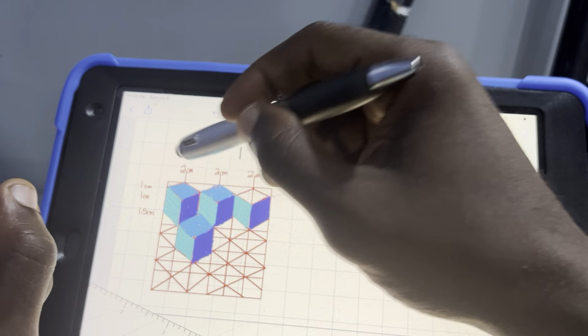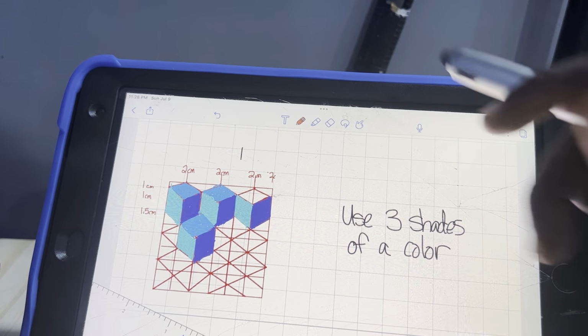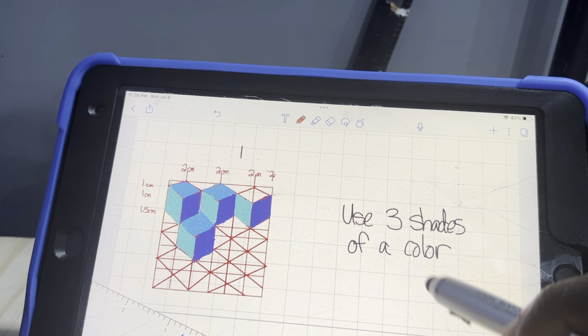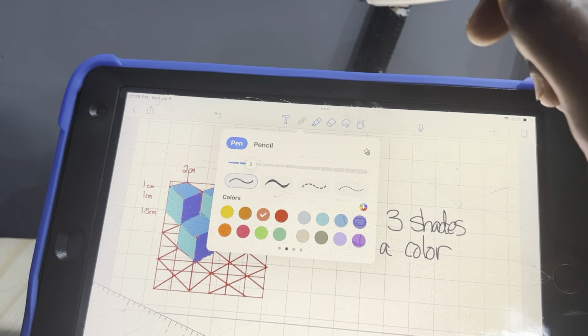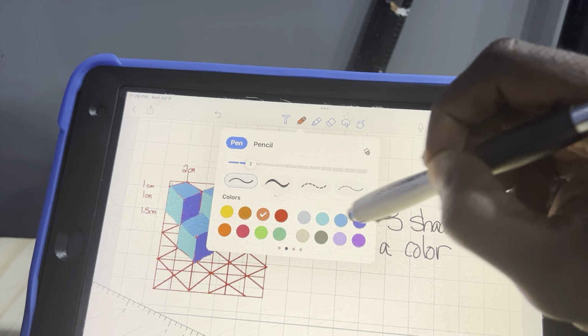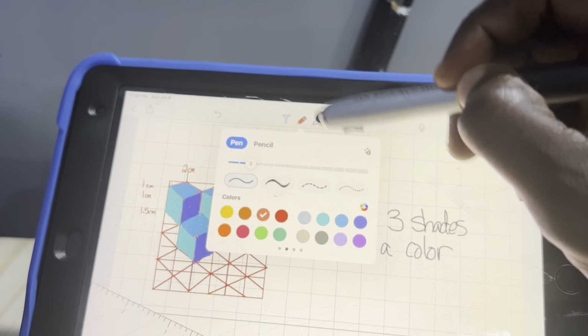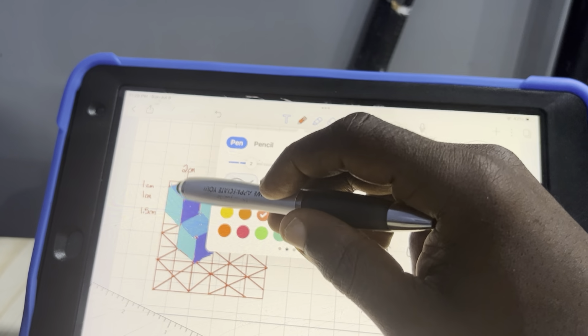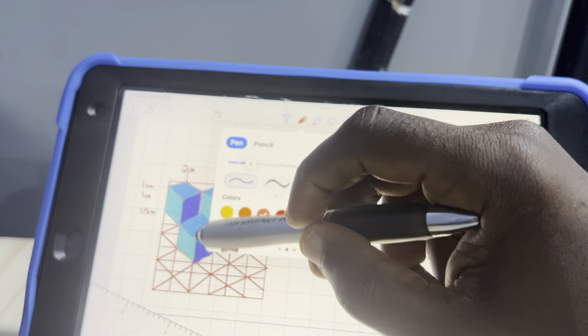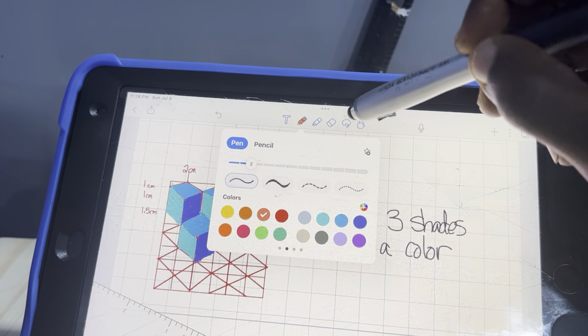And then you start to just fill them in, and you use 3 different shades of a color, right? So I used blue. I used these 3 shades of blue. This was my side, this blue was my top, and then this darker blue was my front face.